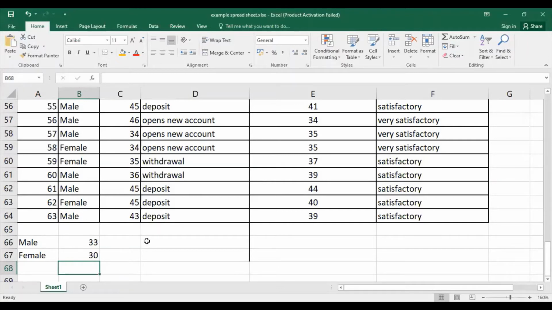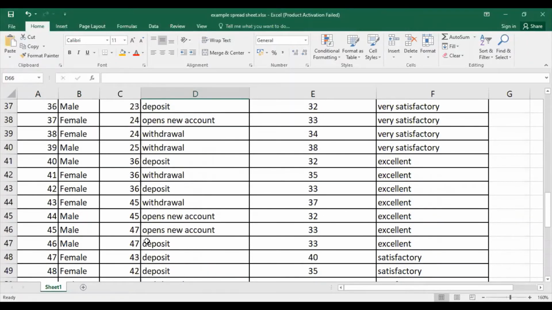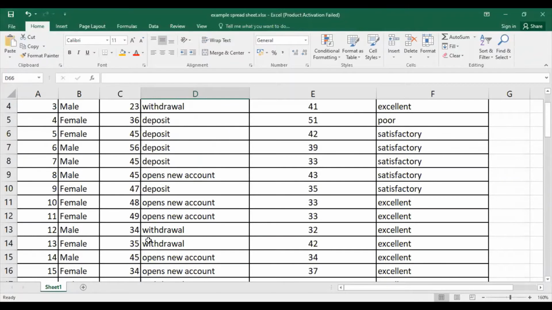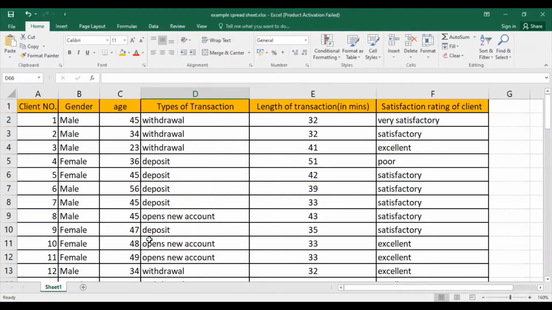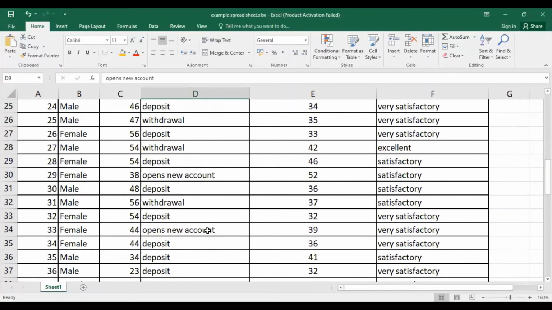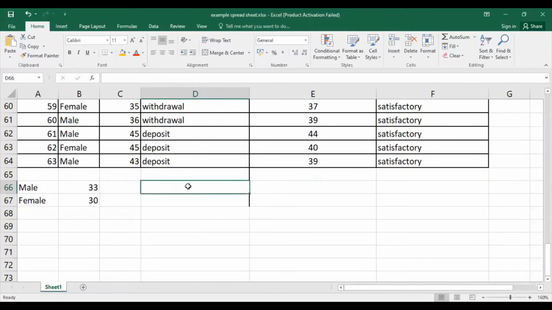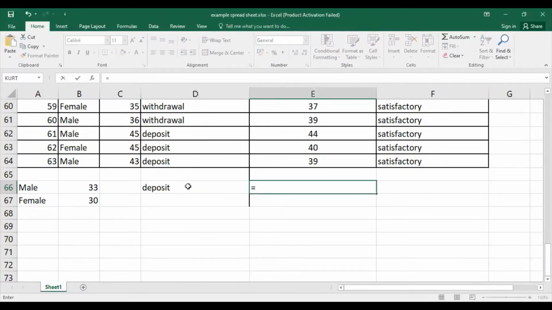Okay, next, we are going to determine the number of frequencies, how many clients made use of the withdrawal transaction, deposit transaction, or opens new account transaction. Okay, so again, we have to identify our criterion, which is deposit. So the same command shall be used.